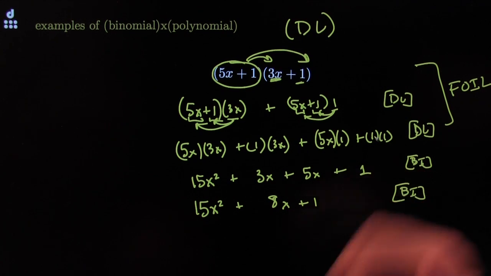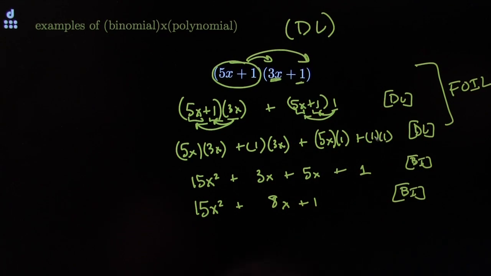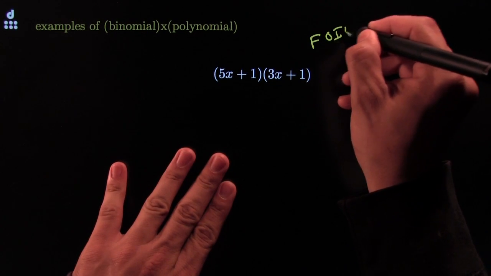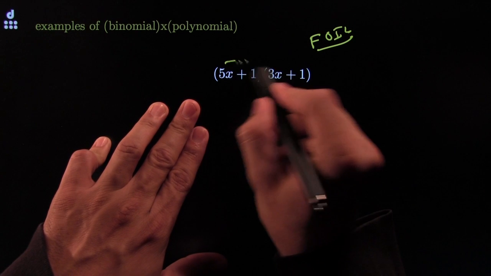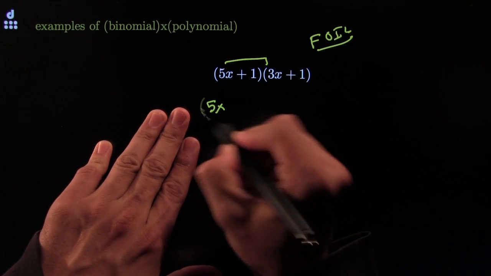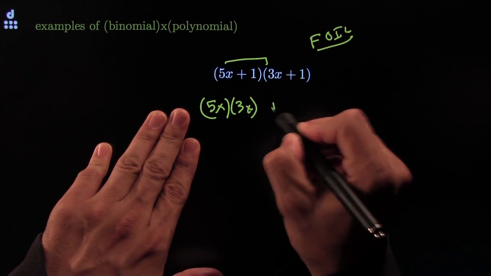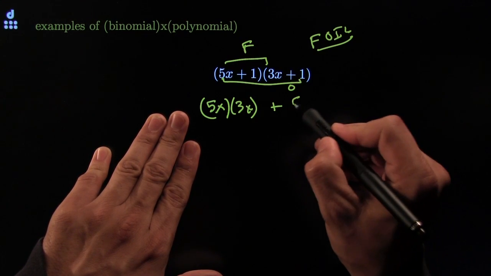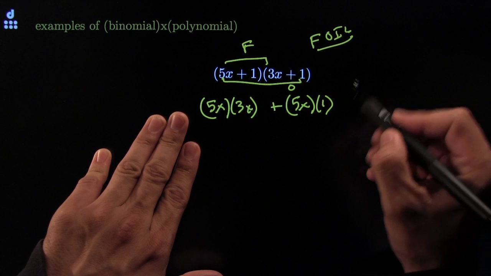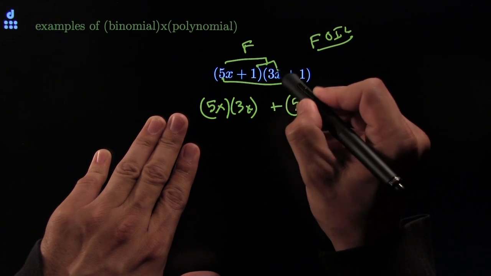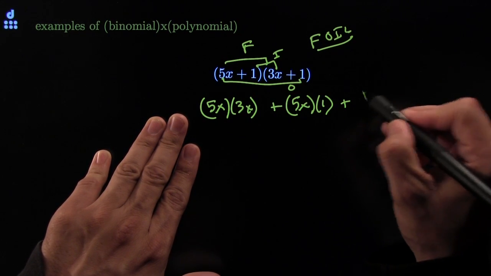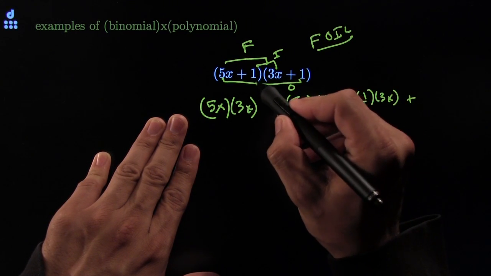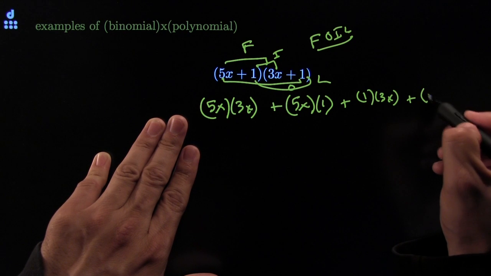Now what I'd like to do is do it a different way. This time I'm going to show you the FOIL thing that I just talked about. FOIL would mean that you take the first one, so you go 5x times 3x, that's the first one, plus the outer, 5x times 1, plus the inner, 1 times 3x, and the last, 1 times 1.